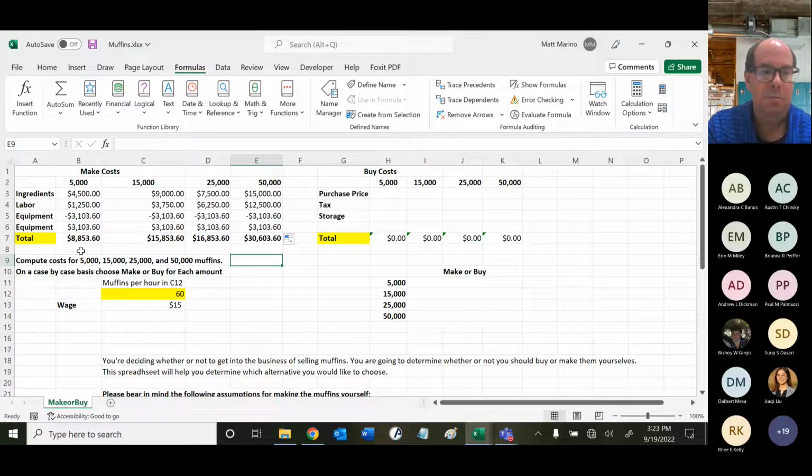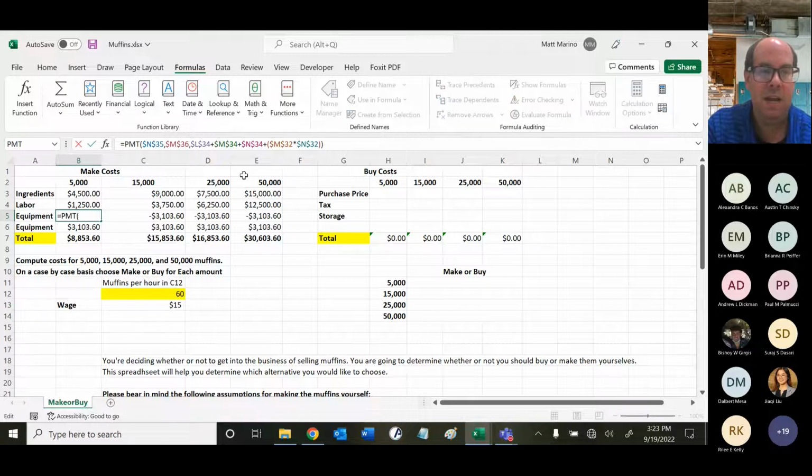Okay, so like that example, or like on the homework, if you just wanted to have this row and not this second equipment row to make it positive, you would just put a negative sign, the minus sign there in front of PMT.